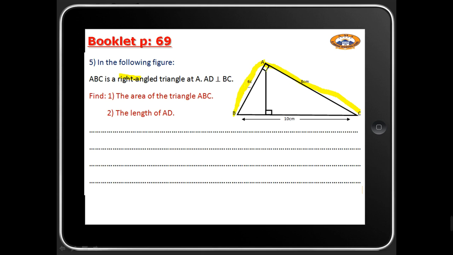Because they form a right angle, these two sides are perpendicular, so one of them is the height and the other is the base. So when you have the words right angle triangle, it means that I already gave you the height and the base of this triangle.